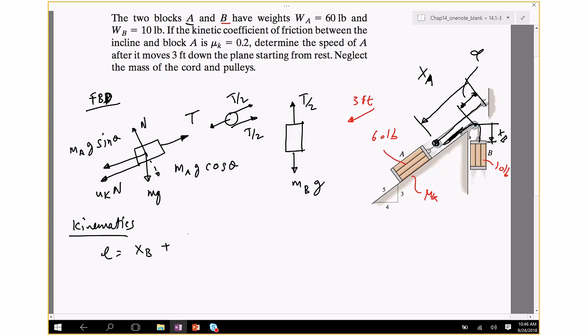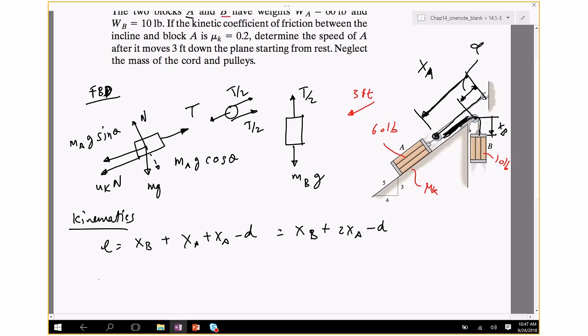So the net distance is going to be XA plus XA minus D. So this distance is XA, but the other one, which I'm showing with a dark black line, is XA minus D. So XB plus 2XA minus D is the length. So then I differentiate with respect to time. L dot is 0 equals XB dot plus 2XA dot equals 0.